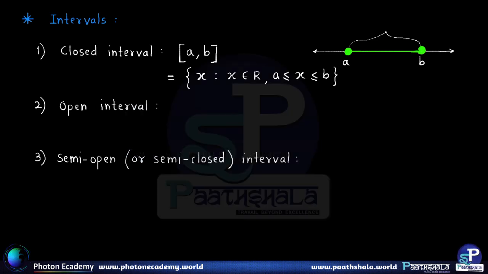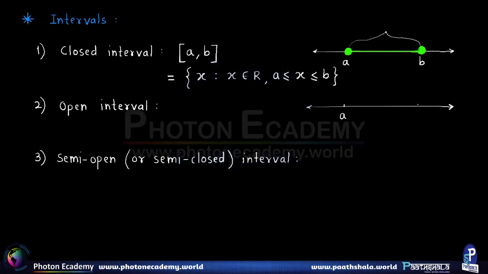Now the open interval is almost similar to the closed interval, except that the endpoints a and b are not included. So once again I consider all the real numbers between a and b, but now I don't want to consider the endpoints, so I want only the numbers which come between a and b.